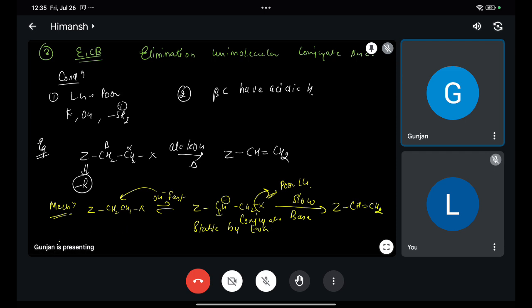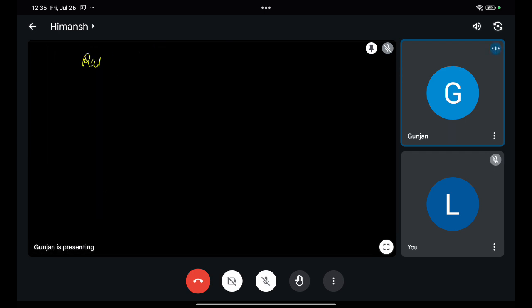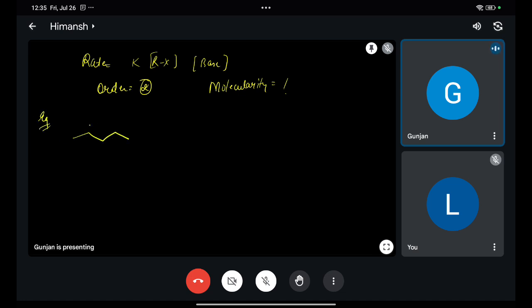So the rate depends on the substrate RX and the base. The order is 2, but the molecularity is 1. That is the reason. There are examples we have discussed about it. This is very good because it is a poor leaving group and it is electron withdrawing.